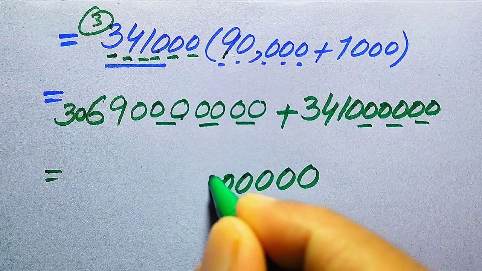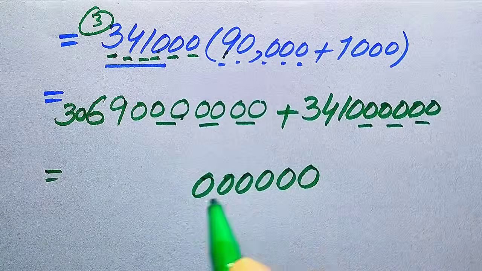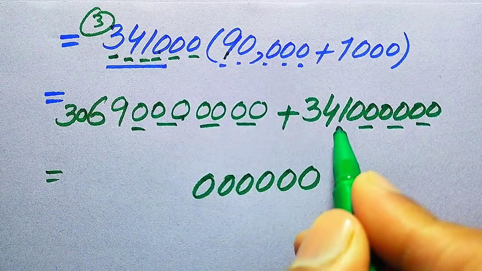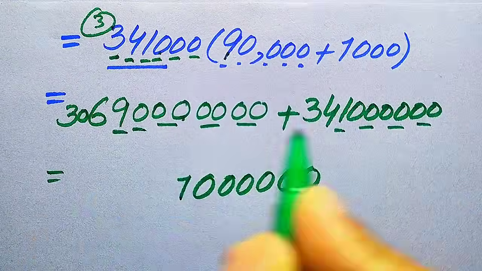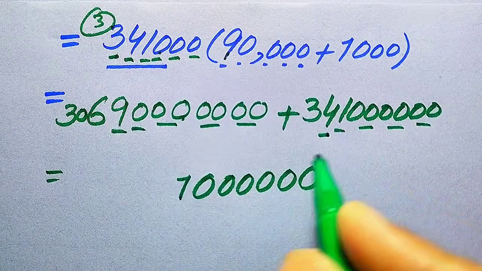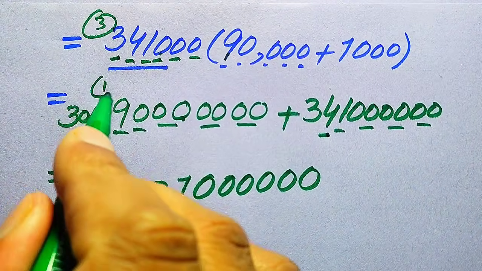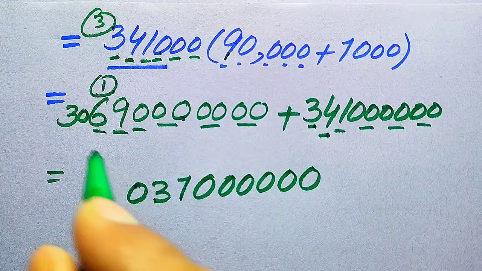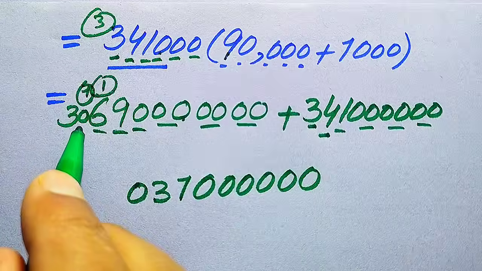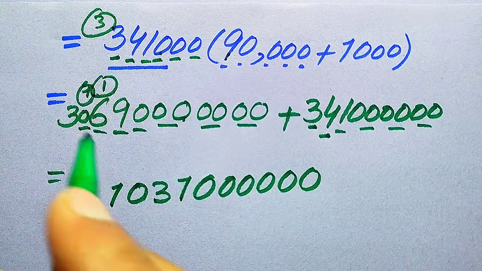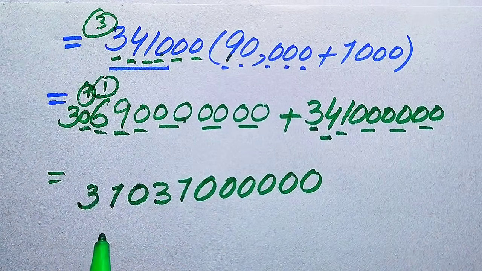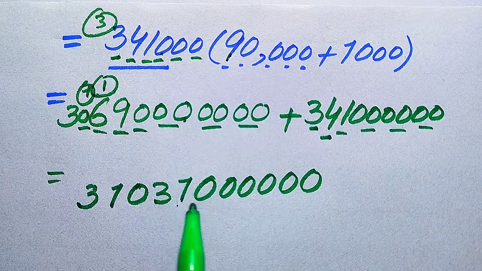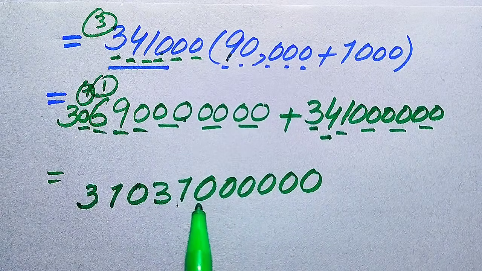Here the remaining values are: 0 plus 1 becomes 1, 9 plus 4 becomes 13, we write 3 and carry 1, 6 plus 3 becomes 9, 9 plus 1 is 10, we write 0 and carry 1, 0 plus 1 is 1, and this is our 3. So you get 3 1 0 3 9 1 and these are the 6 zeros.